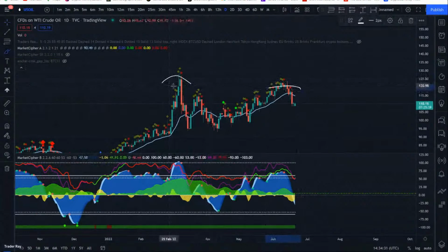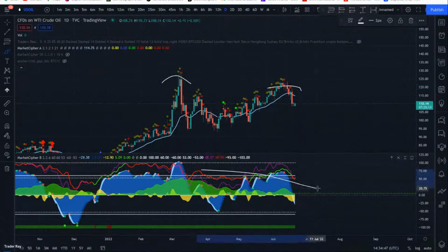Do I think the top is in? No, absolutely not. Shit is still hitting the fan when it comes to countries' inflation and supply chain. We're still having a lot of problems. Oil is not going anywhere. Matter of fact, I think we're going to see higher prices than lower. Here on the market side, money flow is going down, momentum wave going lower, RSI pointing lower. So there is maybe some downwards action to be expected.